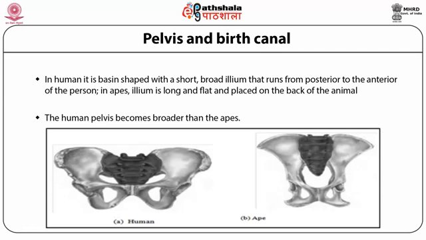This is a good modification for balancing, but it makes the birth canal narrow. This, along with the enlarged cranium, makes childbirth a more difficult task for humans compared to apes.